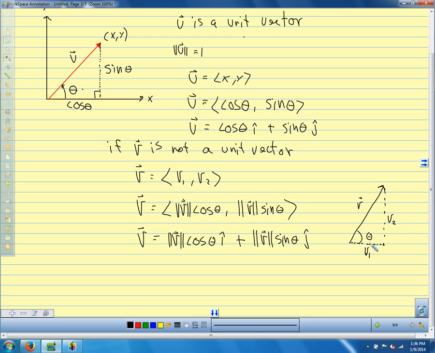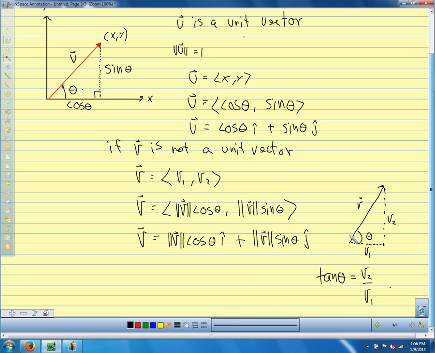If all we knew is v1 and v2. Tangent of theta is v2 over v1.